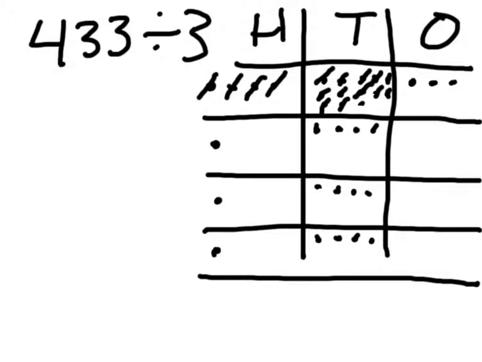We trade in that 1 ten for 10 ones and add them to the ones column for a total of 13 ones. Dividing up the 13 ones, we get 4 ones in each row.